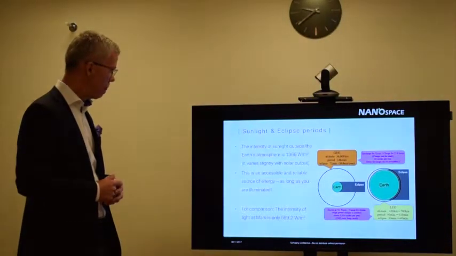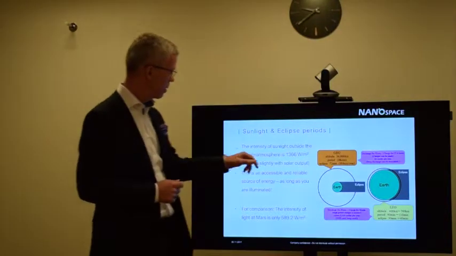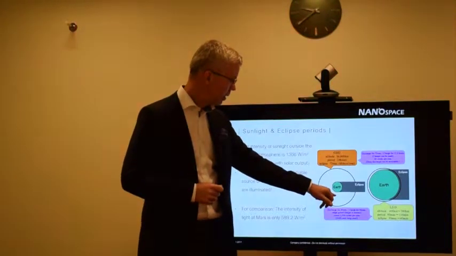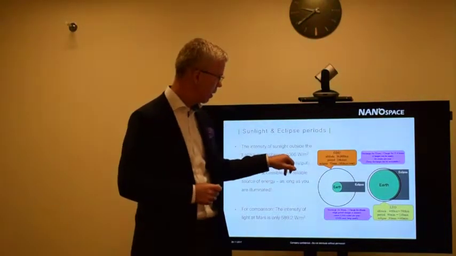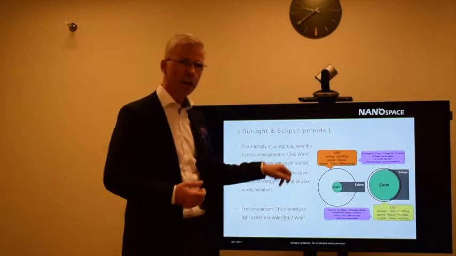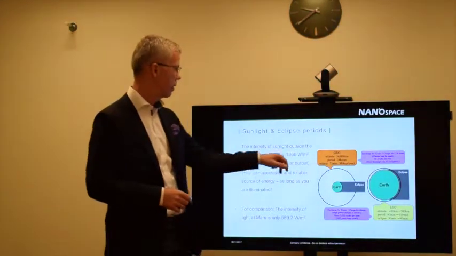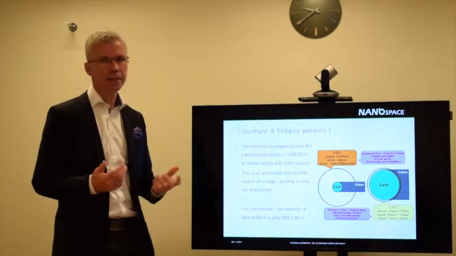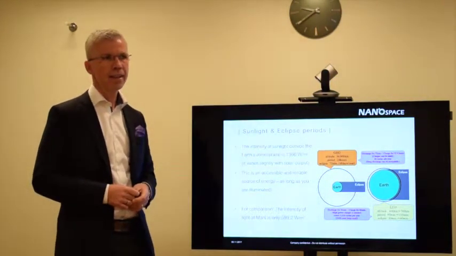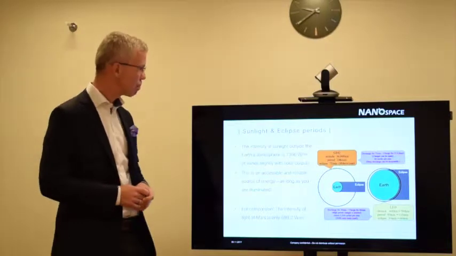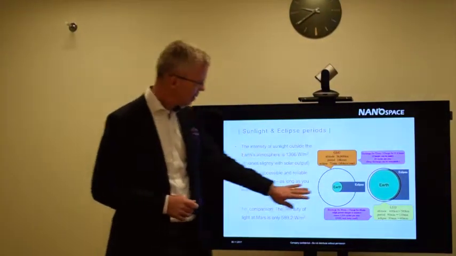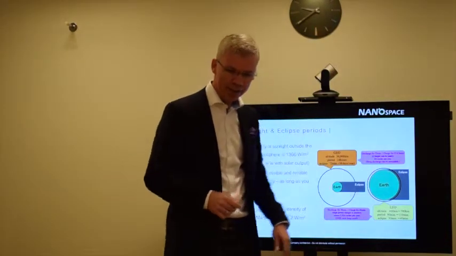And also to give it a number, when you are in the vicinity of the Earth and are sunlit, the available power to harvest from the sun is around 1400 watts per square meter, which is a nice amount of energy. But this is a simplified image.